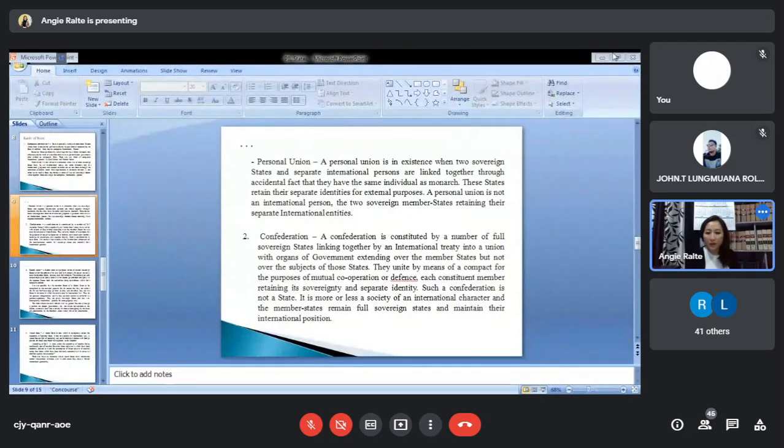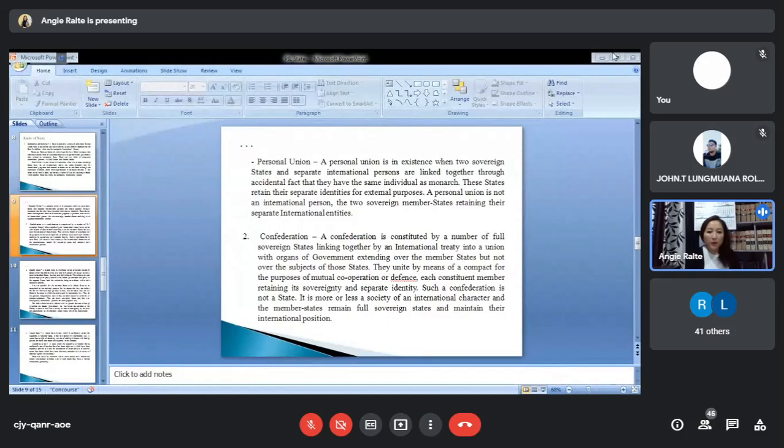They unite just for the purpose of mutual cooperation or defense. Such a confederation is not a state; it is more or less a society of an international character, and the member states remain fully sovereign states and they maintain their international position.